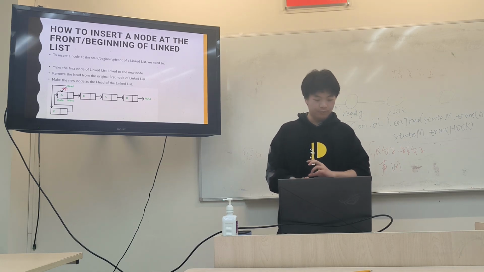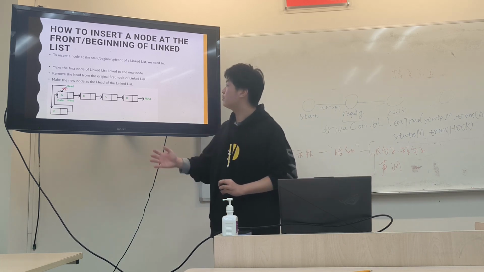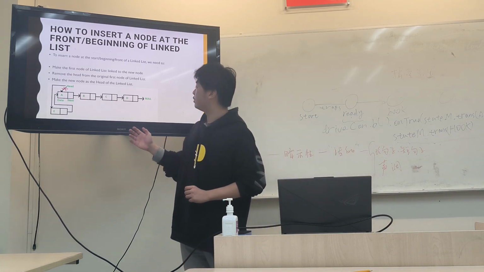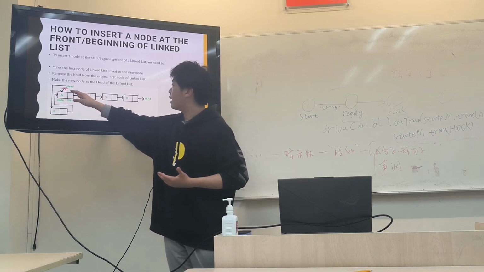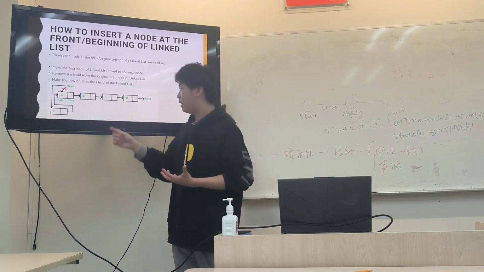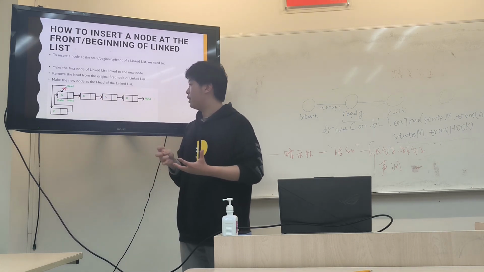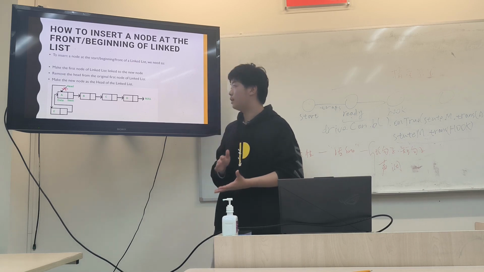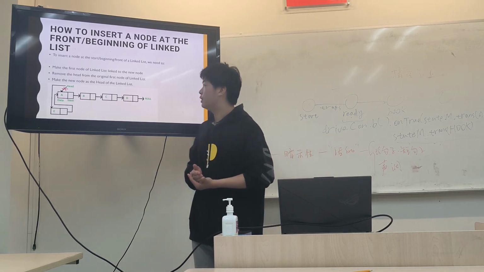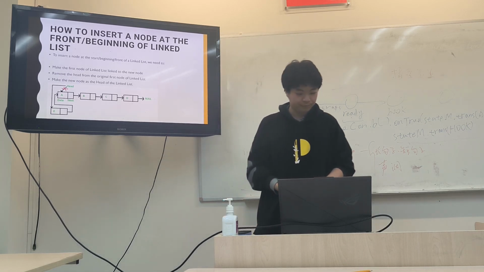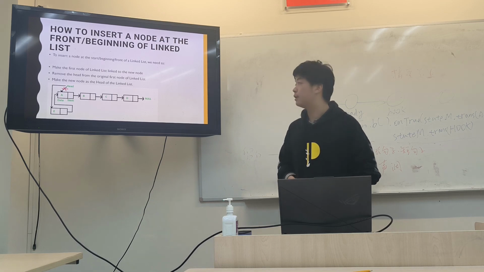So first we will make the new node linked to the first node of the linked list, and then we will cancel the head's reference and let the head point to this new node. So at last we will just make the new node the head of the linked list. Then we finish inserting a new node at the front of the linked list.